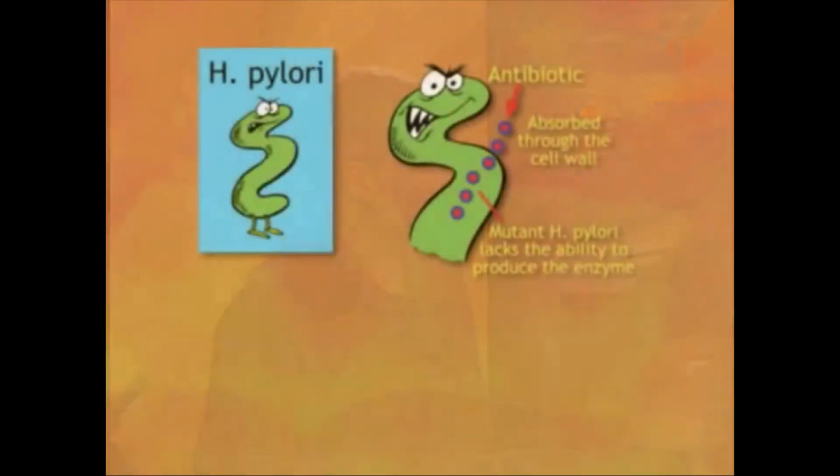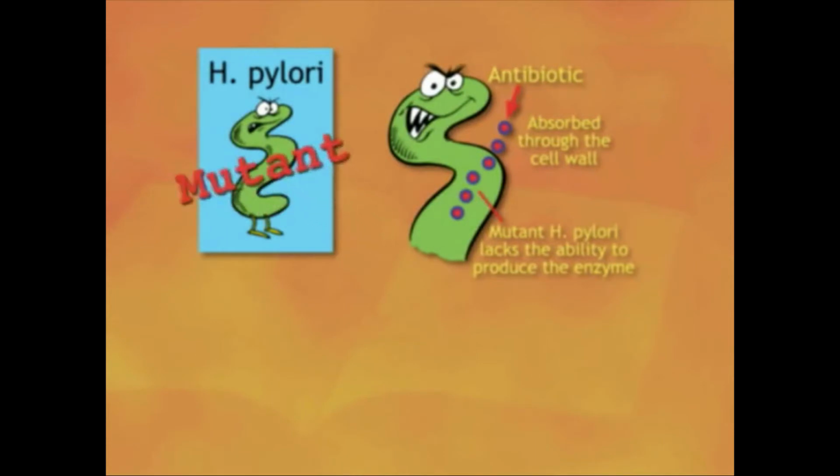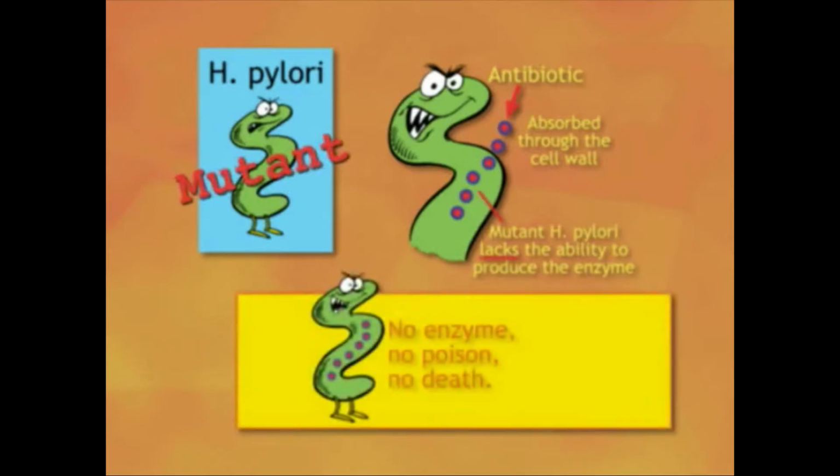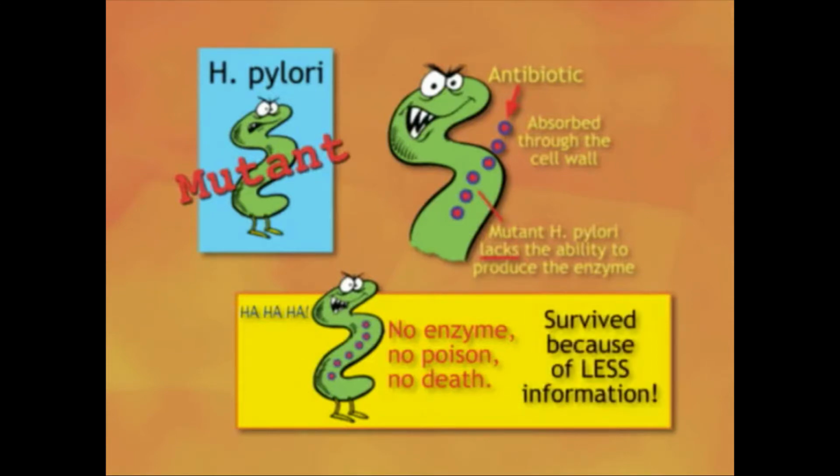What happens? Well, the enzyme no longer attacks the antibiotic, no longer breaks it into poisons, so now there are no poisons to destroy the DNA, so it doesn't kill it. So it's now become resistant. You know why it became resistant? It lost the ability to do something it once could do. Its code became corrupted and it no longer can produce an enzyme.